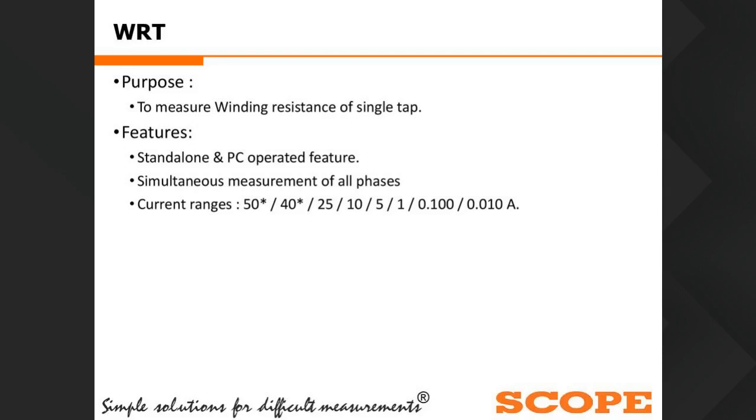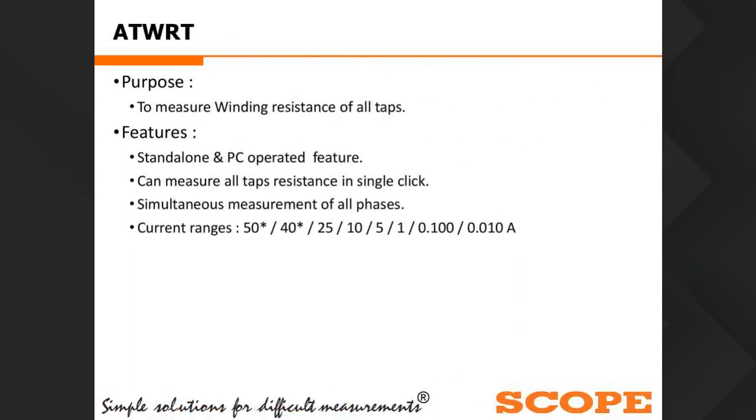And current ranges are up to 50 ampere as per the model, up to 50 ampere if it is a TRM 50 or TRM 50 plus. If it is TRM 25 or TRM 25 plus, we can inject up to 25 ampere. And the minimum current range that we have provided is 10 milliampere.